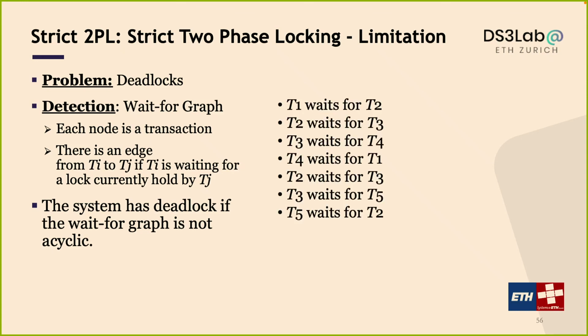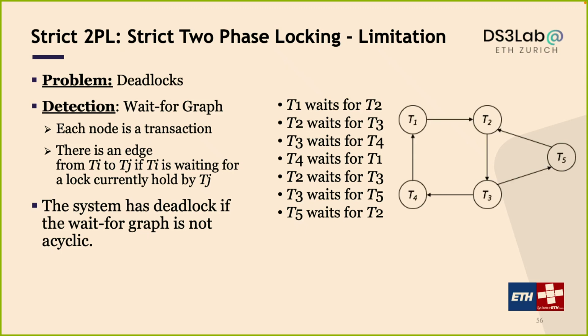So for example, your system is like this. This is your current state of which transaction is waiting for which one. In this case, T1 waits for T2, so there's an edge from T1 to T2. T2 waits for T3. There's one from T2 to T3. You continue this exercise, and you have this graph. So it's very natural to see that as long as there's a loop in the graph, there's a deadlock, right?